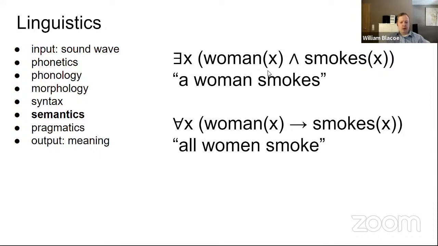This is predicate logic, also called first-order logic, and it expresses that there is, this is the existential quantifier, there exists an X from all the entities in the world, be it people, rocks, tables, animals, anything. There is an entity X such that X is a woman and X smokes. This is the logical way of writing "a woman smokes."